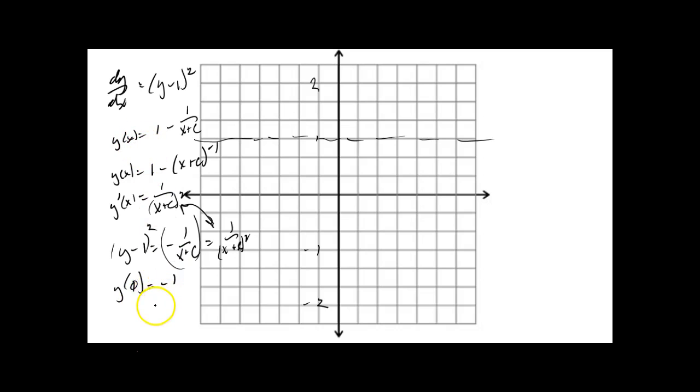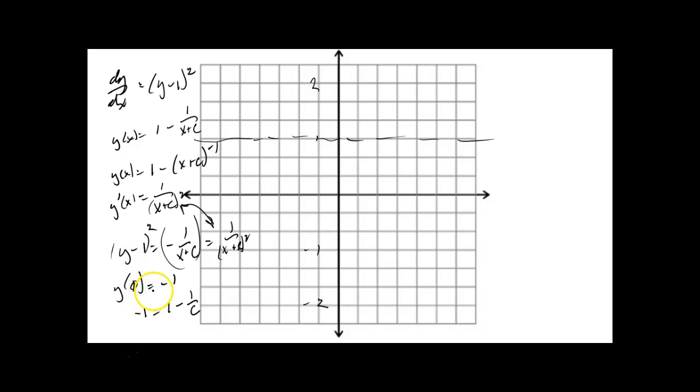When x equals 0, you get minus 1 is equal to 1 minus 1 over c, because x is 0.